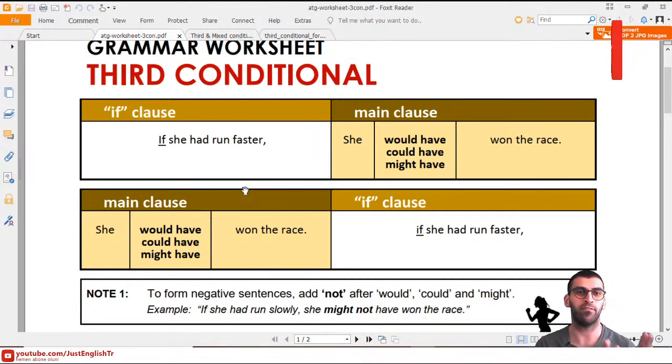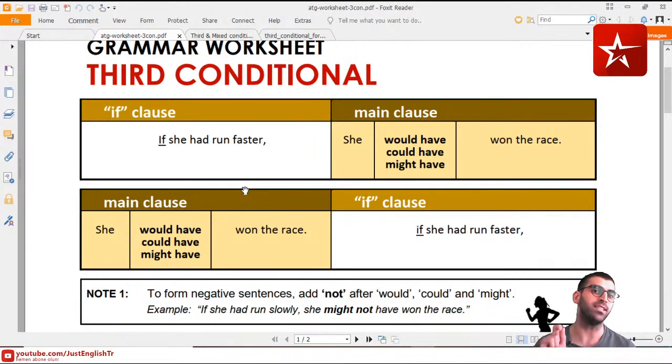After the if clause we use a comma, and the main clause comes with subject plus would, could, or might, have plus the past participle form of the verb, as you see on my screen.